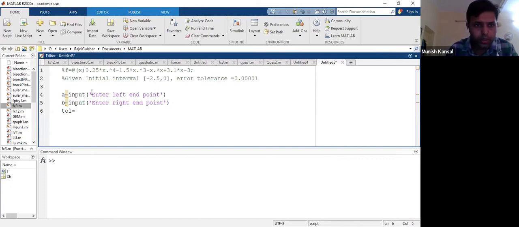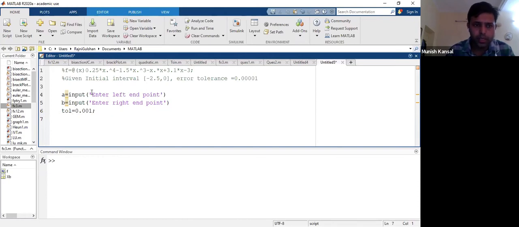The tolerance is given to you. If this is not given in the equation, you can take 0.01 or 0.001, that is user defined. So let me take 0.001, 10 to the power minus 3, right? Now the first thing we do in the bisection method, you have to keep the theory in your mind. The first stage is we check the sign of the function at the endpoints.